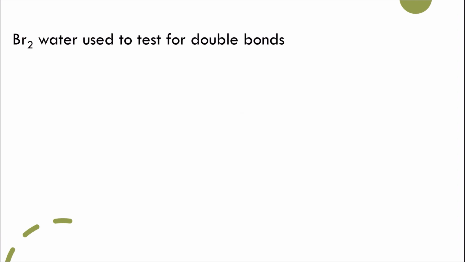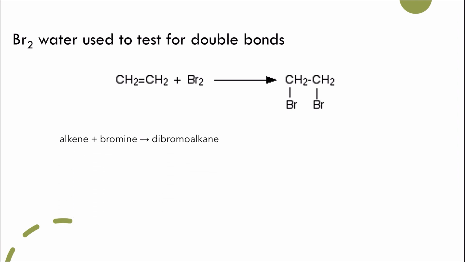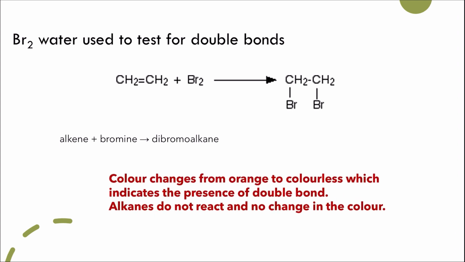This reaction is very useful to test for a double bond because bromine will react with the alkene and be added to the alkene to give you the dibromoalkane. Bromine water is orange in color, and you add a few drops to test whether your substance contains an alkene, or whether it contains a double bond or not.